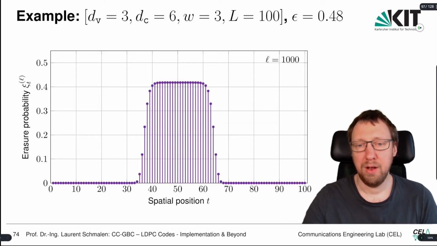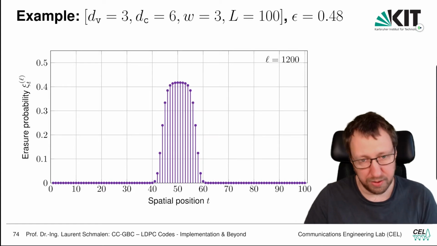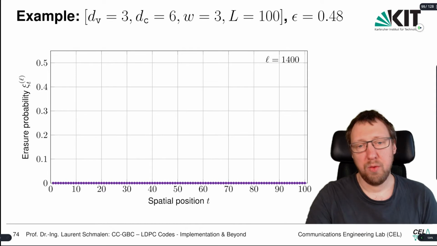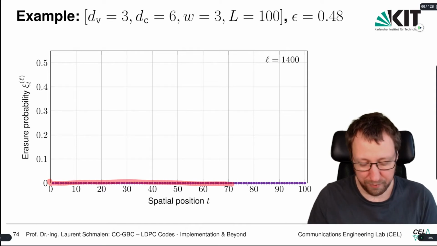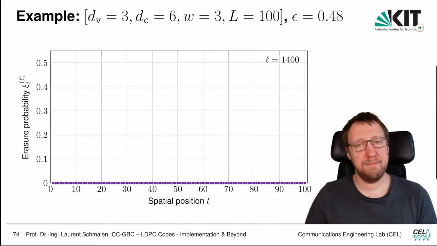So let's take a look. But after 1000 iterations, after 1200 iterations, there's just a small hump in the middle, and we can recover. And after 1400 iterations, we have recovered all the spatial positions.